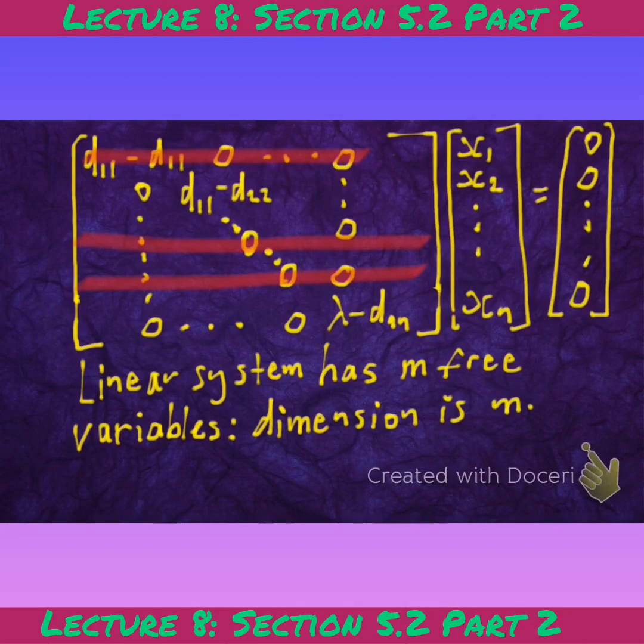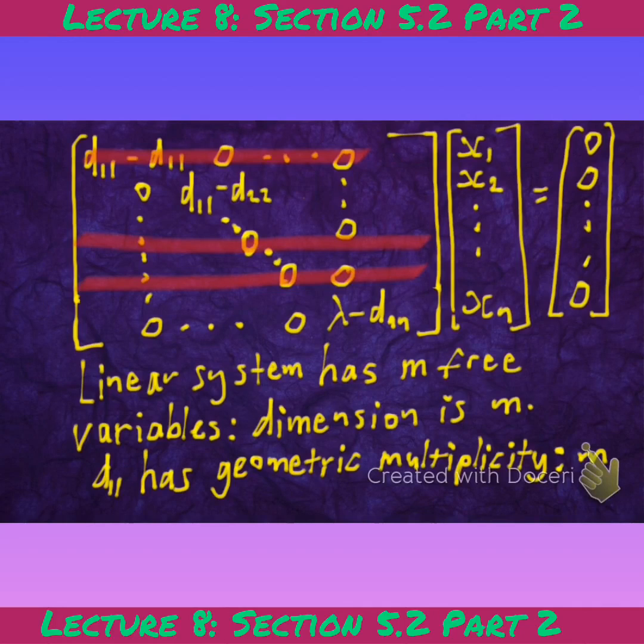So that linear system has m free variables, and so the dimension of the null space is m. And therefore, D11 will have geometric multiplicity m. So the geometric multiplicity of D11 in the matrix D is m, and its algebraic multiplicity is exactly the same.